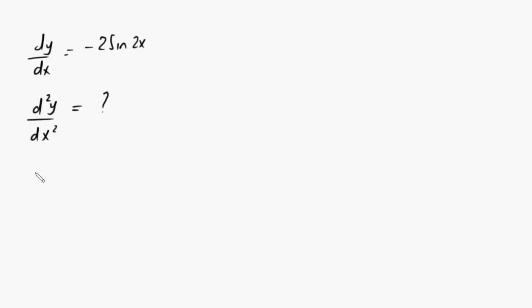Now, remember I said there is a video called differential coefficient of sin x and cos x, where I did it by first principle and proved that if you differentiate sin nx, dy/dx is equal to n cos nx.